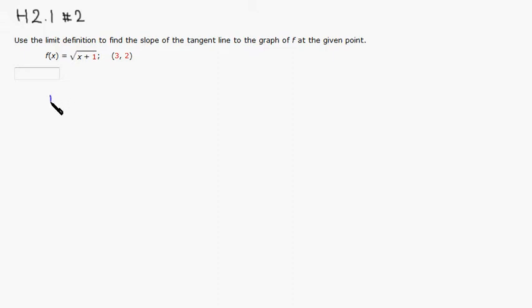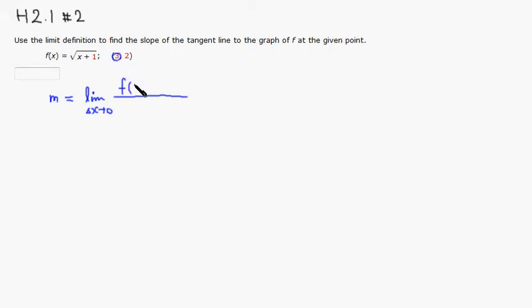So here's m. The slope of the tangent line is going to be equal to a limit as delta x approaches 0, right? Then we're going to have f of, in this case, the value is right here, 3.